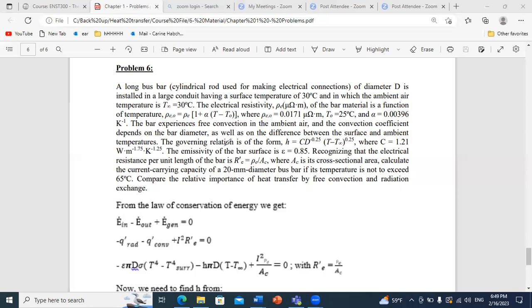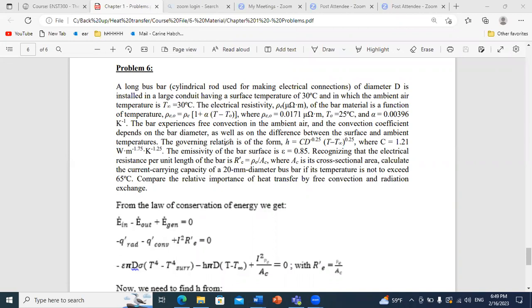So the electrical resistivity of the bar material is a function of the temperature and is given by rho E equal to rho E0 times 1 plus alpha times T minus T0, where rho E0 is given to equal 0.0171, T0 is 25 degrees, and alpha is 0.00396 Kelvin minus 1.